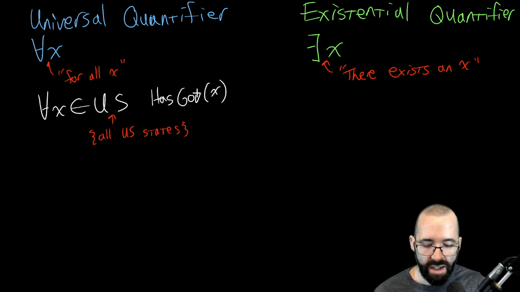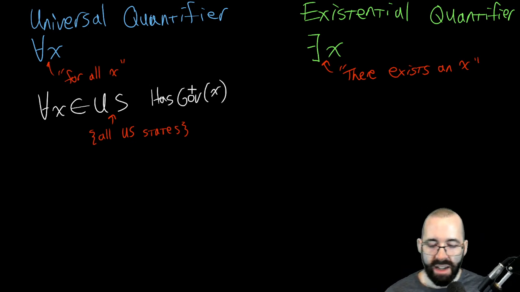Remember, we introduced this predicate in the last video. This predicate says, well, this is going to have a truth value of 1 if x is a state that has a governor, and it will have a truth value of 0 otherwise. So we're saying that for every US state, this statement is always true. Every US state has a governor.